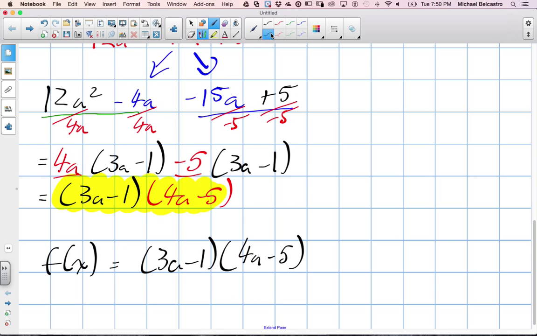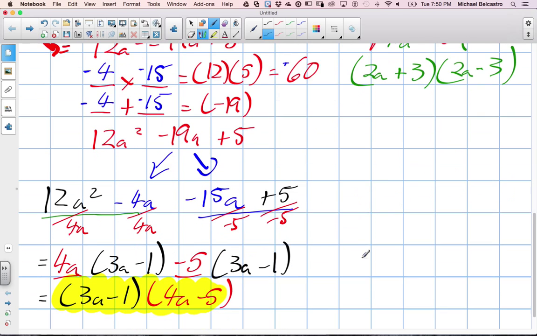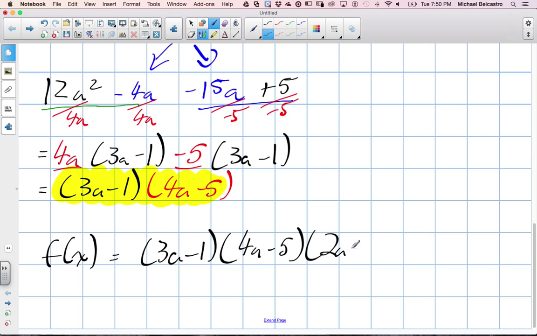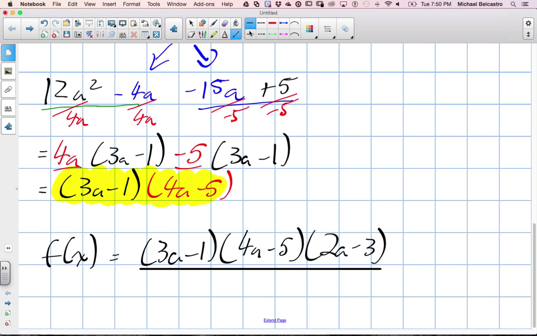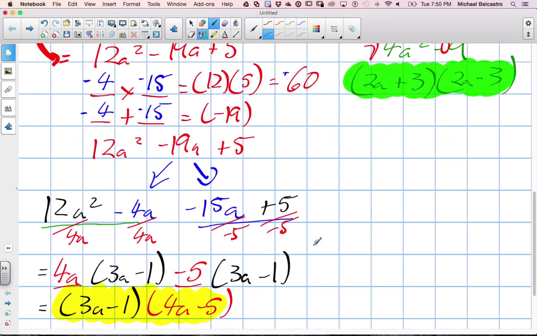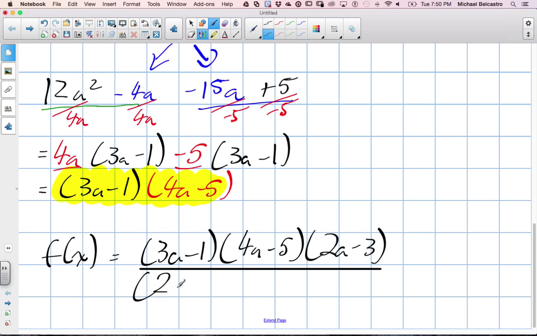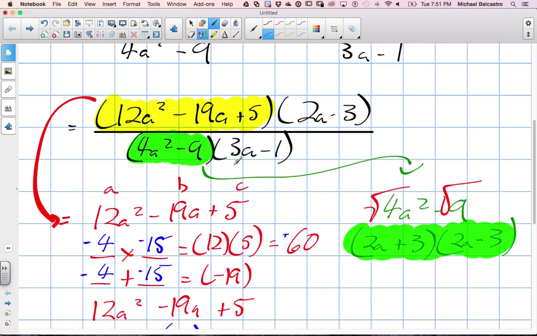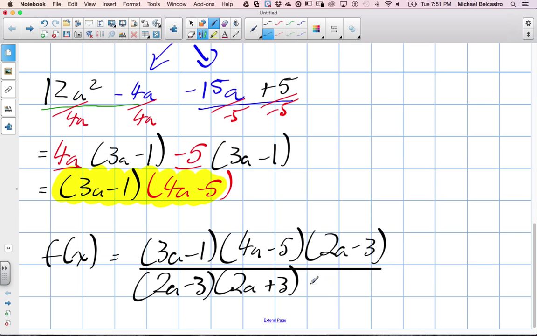And then there was still on top a 2a minus 3. And then on the bottom, we replaced that with these two sets of brackets. 2a minus 3 and 2a plus 3. So we have 2a minus 3, 2a plus 3, and then there was still one more, 3a minus 1.